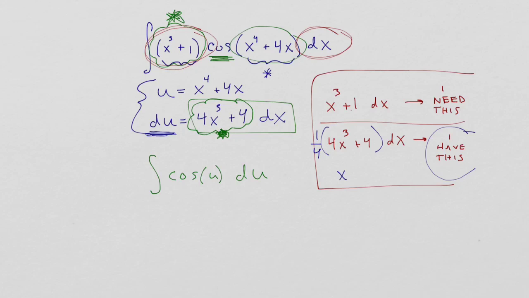I'll end up with what I need. So what I'm doing is I am multiplying my du term by 1/4 to get, oopsies, to get what I actually need.